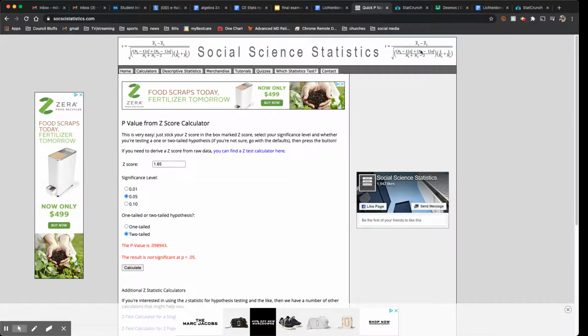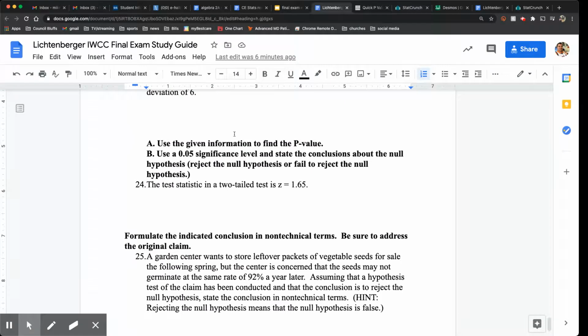then that means that our initial guess was true. So our two choices here, and you'll see this on the final, in formal language, would be either reject the null hypothesis, meaning that the initial guess is false, or fail to reject the null hypothesis. Fail to reject means not to reject, which means it's true.